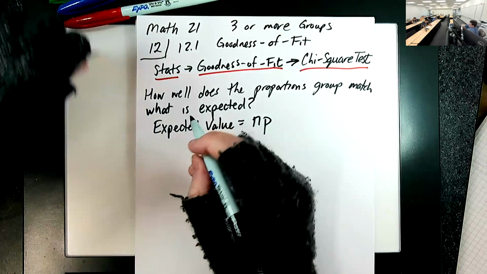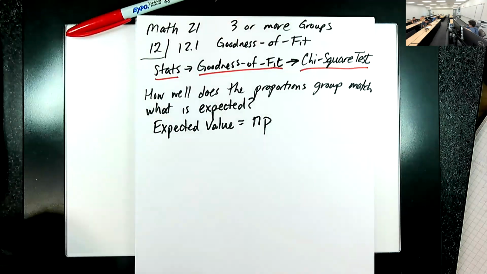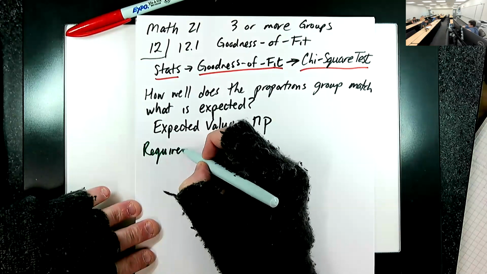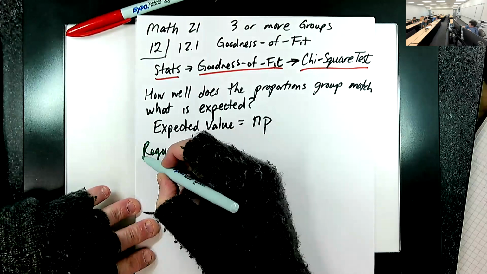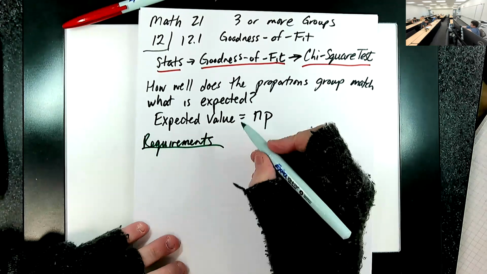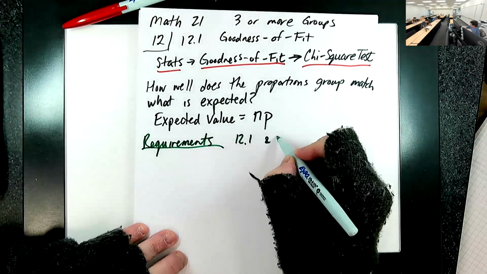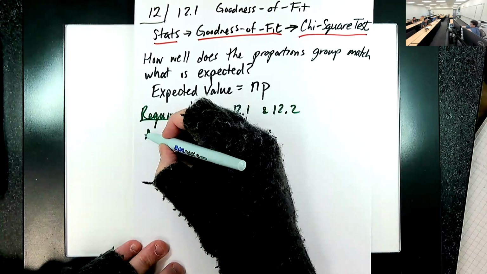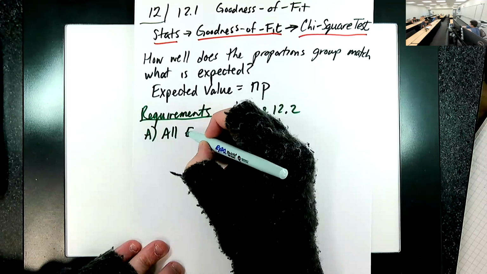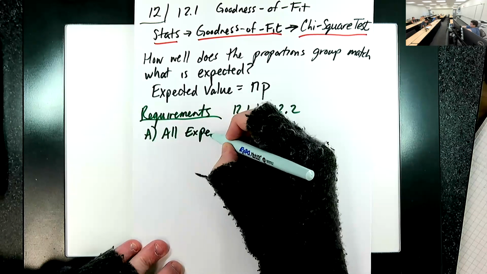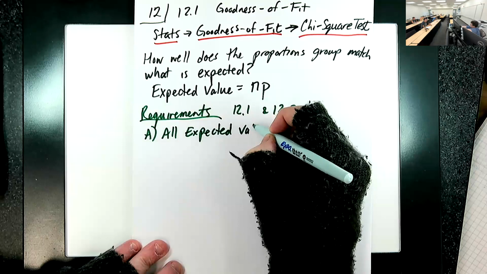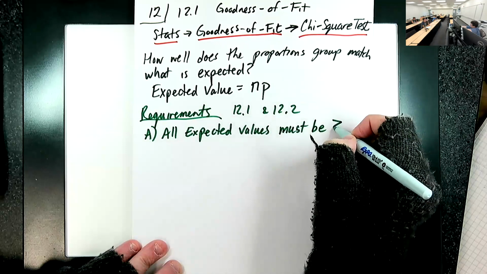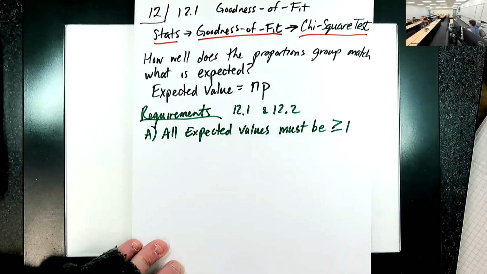The requirements we have for this category. In fact, these are the same requirements for 12.1 and 12.2. The requirements are the same. A, all expected values must be greater than or equal to 1.